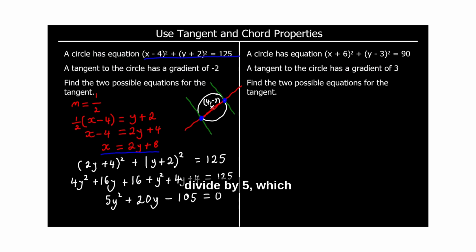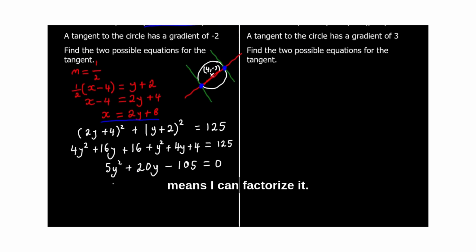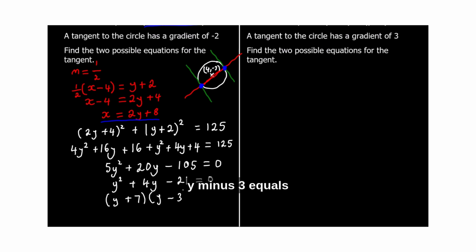I can divide by 5, which means I can factorize it. So I've got y squared plus 4y minus 21 equals 0. So y plus 7 and y minus 3 equals 0.